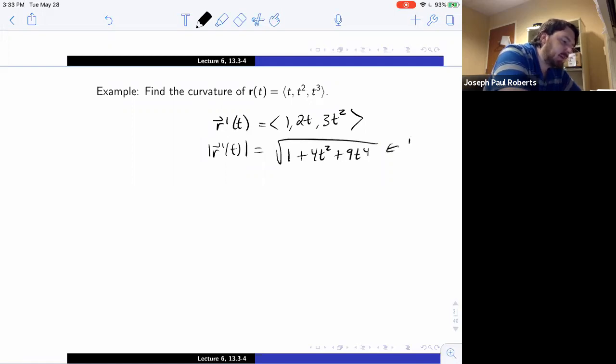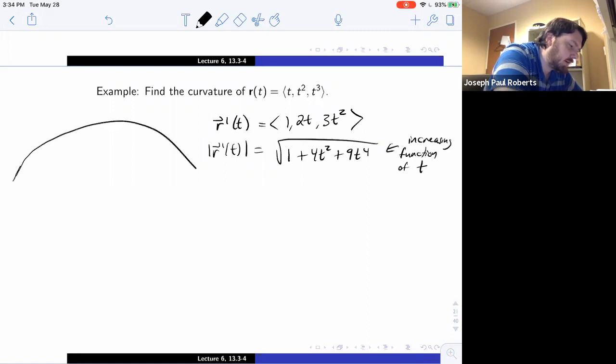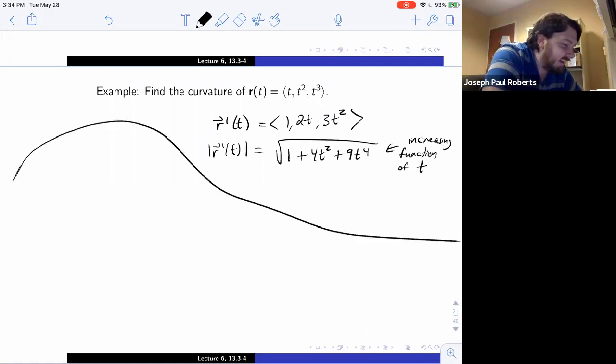And so this is an increasing function of t, which means that if I were to trace this out, it starts off when t equals 0 at speed 1, but then it kind of speeds up.